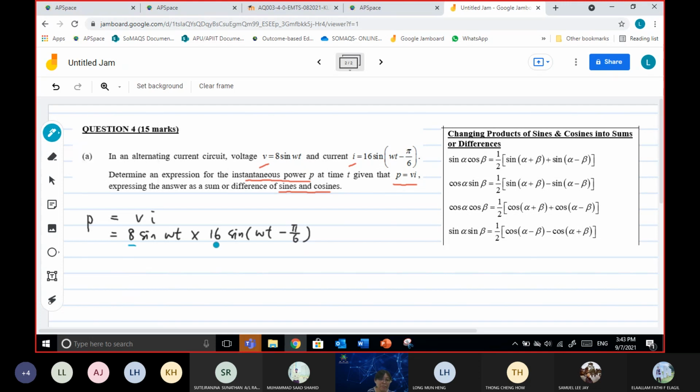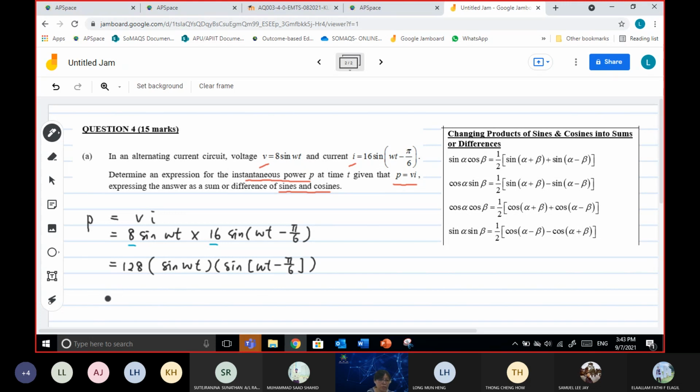Can you see we have 8 and 16, so we can multiply. When we multiply 8 and 16, we get 128. So I have sine wt product with sine (wt minus pi over 6).